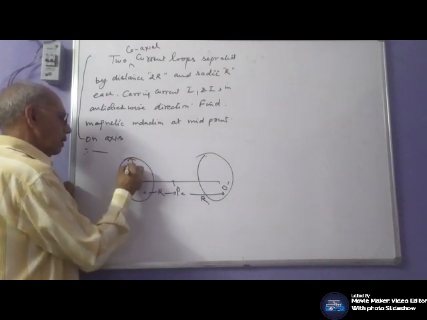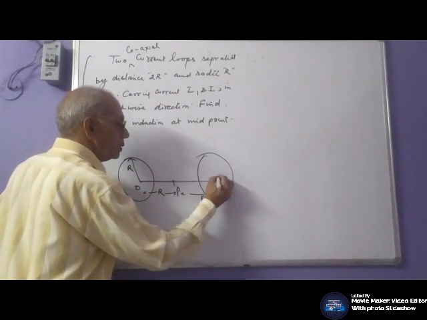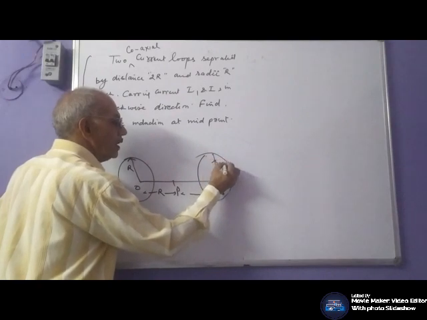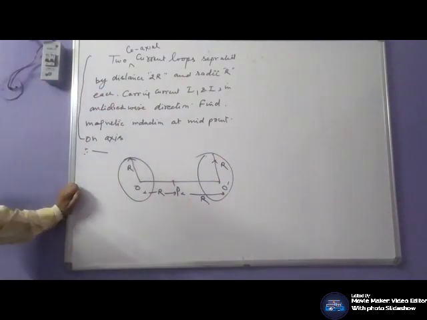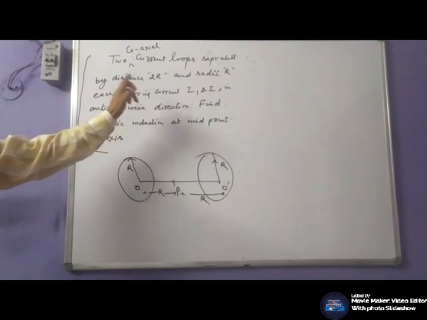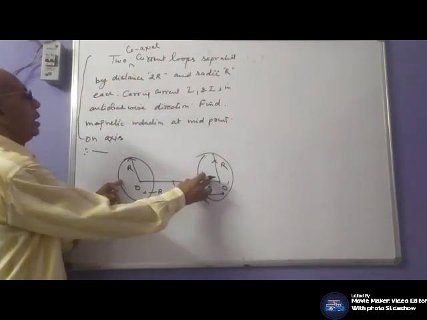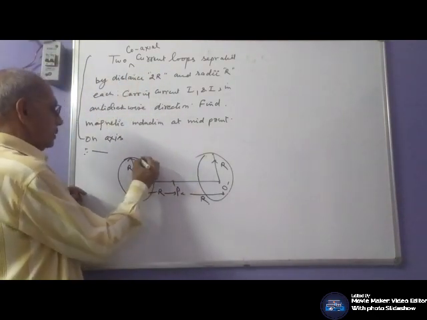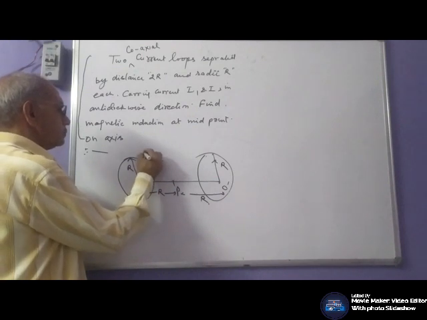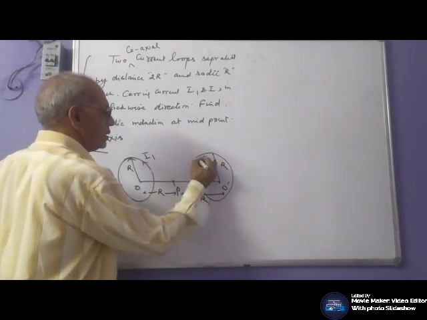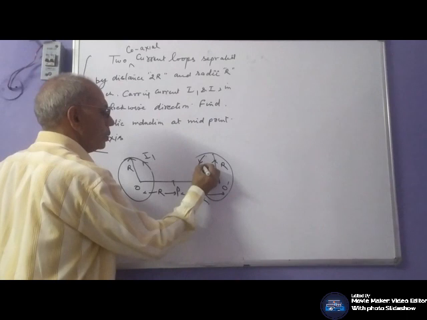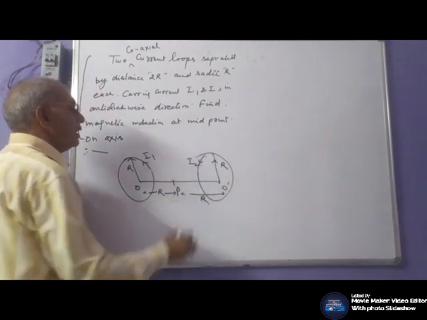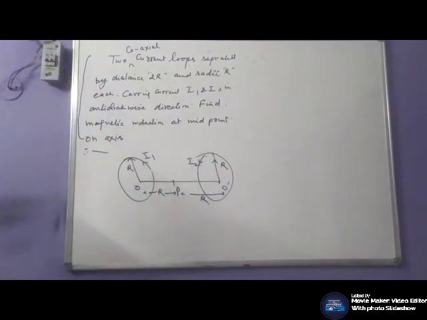This is r radius, this is r radius. Two current loops separated by distance 2r, carrying current, say this is I1, say this is I2, in anti-clockwise direction. Find magnetic induction.